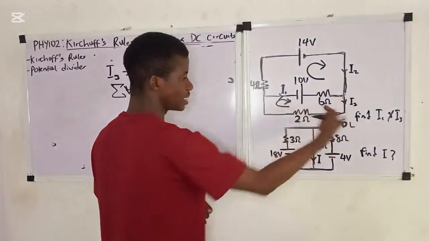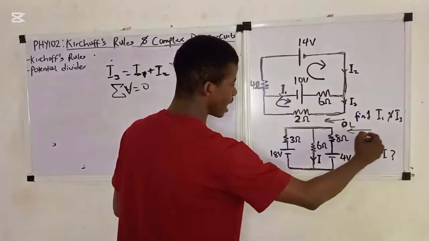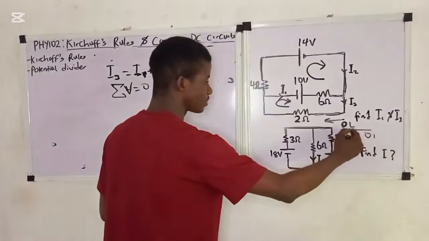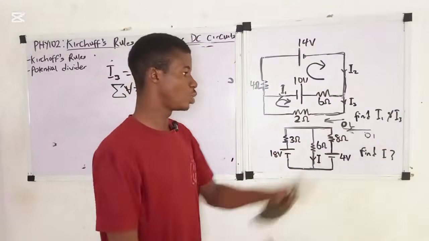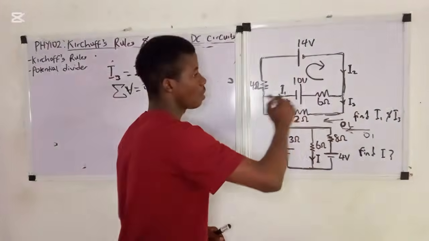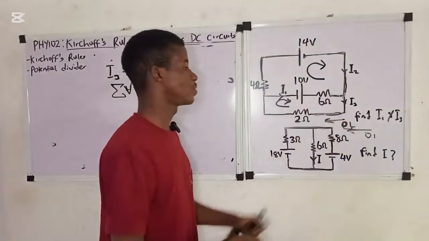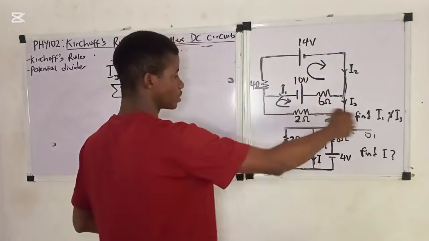It's still like this, and I can call it DI, the direction of current. Look at it. Both of them are going in the same direction, because we start from here clockwise.